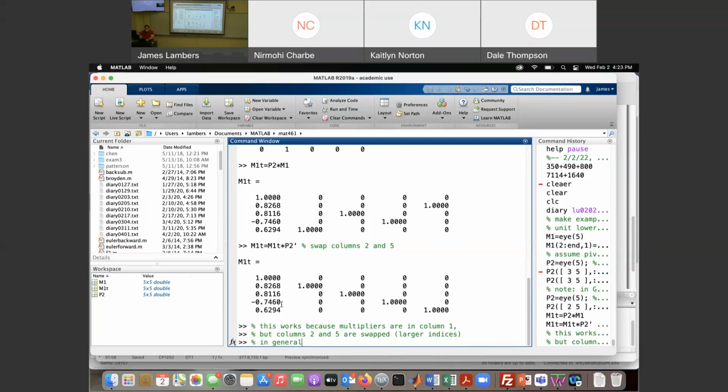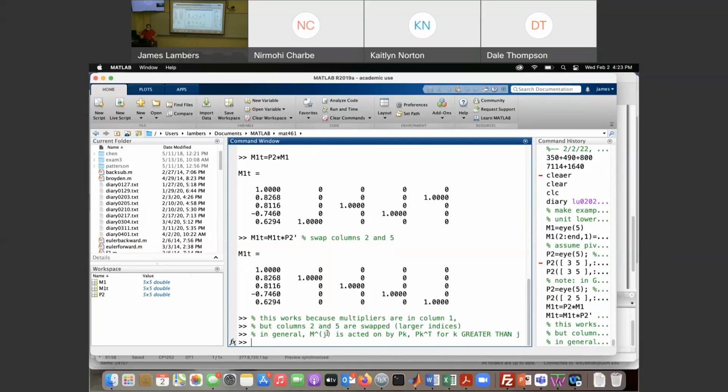So in general, Mj is acted on by permutation matrices Pk and Pk transpose for k greater than j. And I spelled it out there to give it emphasis.